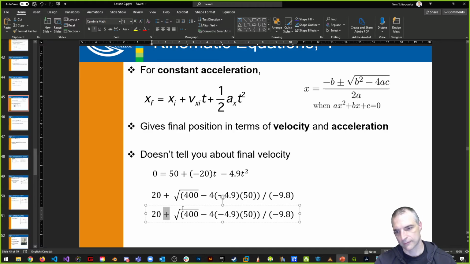It's just that what we did under here was wrong, right? So let me just look at this one more time to see if I'm right. So 20 times 20 is 400, right? 400 minus 4a, a being negative 9.8. Oh, there we go.